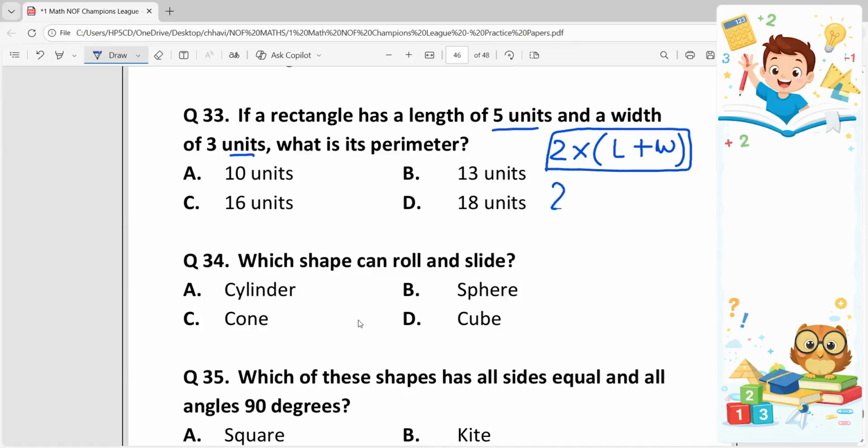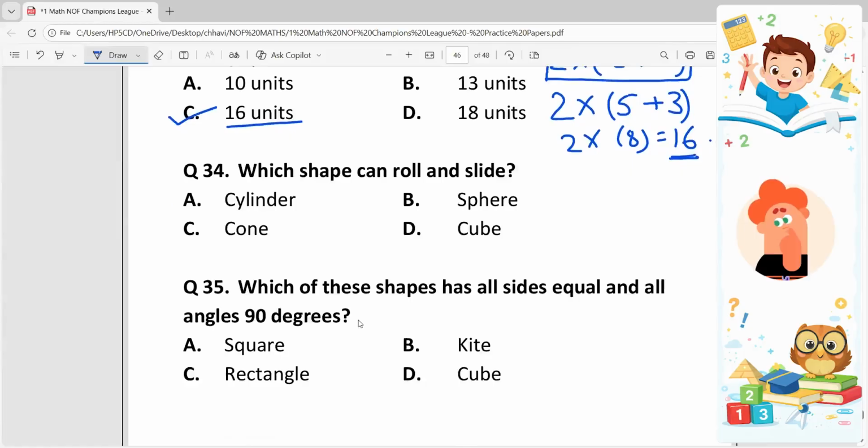So here we have 2 into length, which is 5, and width is 3. So that means 2 into 5 plus 3, which is 5, 6, 7, 8. 2 eights are 16. So the perimeter of the rectangle is 16 units. And hence the answer is option C.